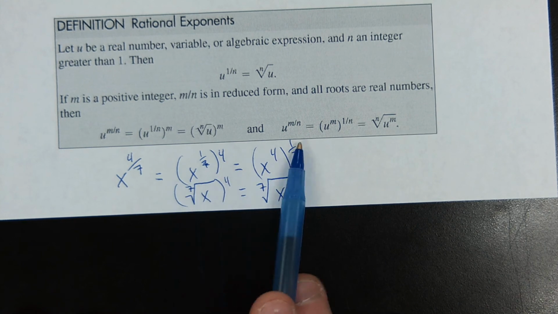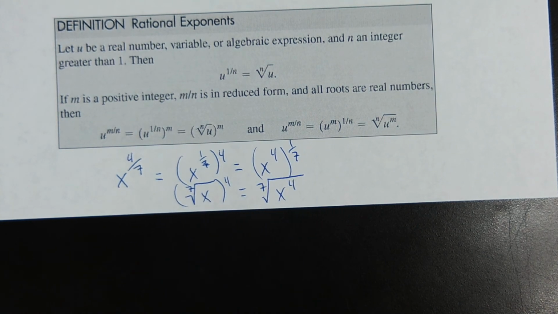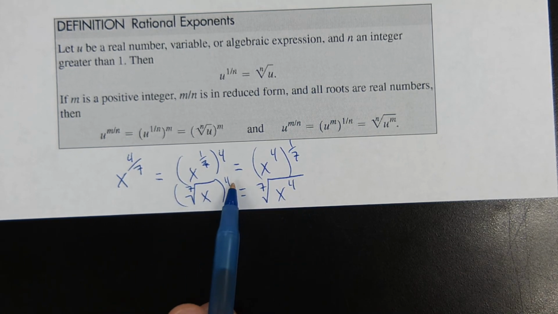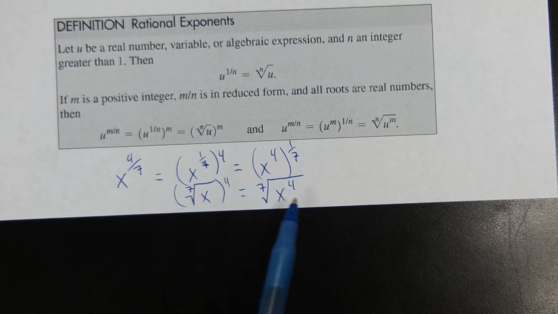There's 1, 2, 3, 4, 5 different ways of representing the exact same expression, just by changing the order of what you're doing first, the exponents or the radicals, or just writing it as a fractional exponent. So I need you to be able to do all 5 of those things. I need you to be able to turn fraction exponents into radicals in both orders. See how that exponent, that 4, moved in and out to be the same thing?